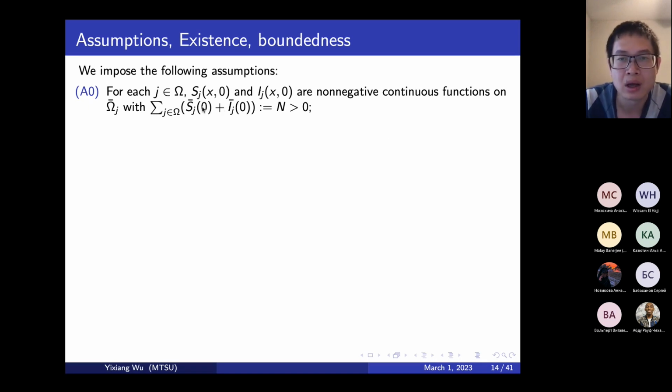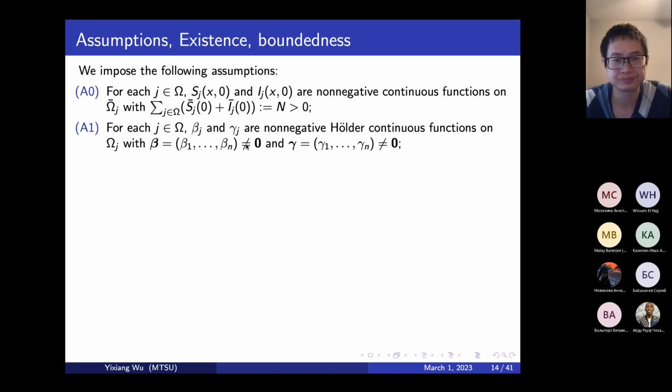So we make these assumptions for the model. Firstly, we assume the initial conditions are continuous, and we denote N the total population, and we need N to be positive. For the coefficients beta j, gamma j, we assume they are non-negative Hölder continuous functions. Beta and gamma are again the disease transmission and recovery rates.